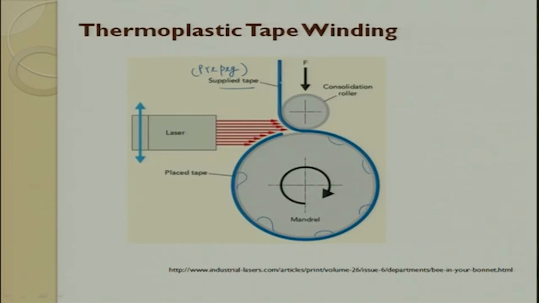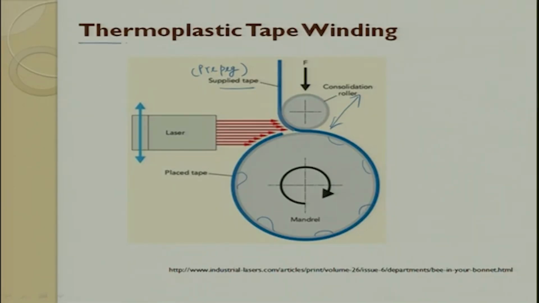So, the tape is placed and keeps going. If you can move this in this direction, if it is a small roller, you keep moving it in this direction so that you get the required output. At this stage exactly, there is a laser which heats. This laser tries to change the behavior from solid to semi-solid, that means to say a viscoelastic state, and in this viscoelastic state a tension is maintained, and then you start wrapping it around.